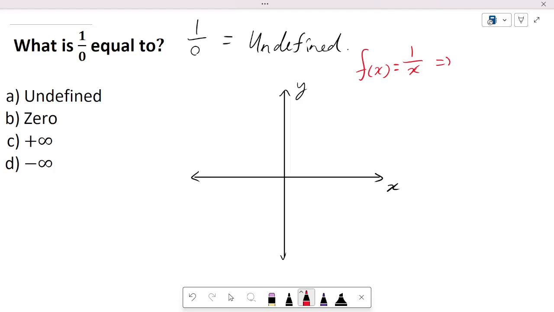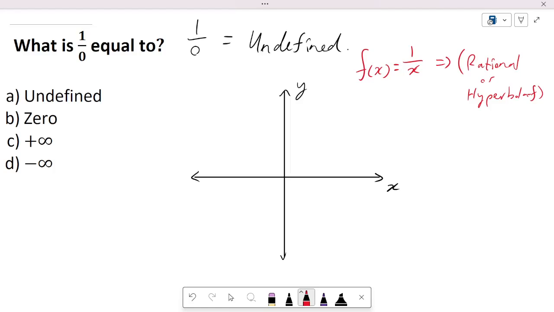And this is actually our rational function, or our hyperbola function. Okay, now what I've done over here was I let 0 equal x, so that I can look at the hyperbola and look in more detail at why it can't be equal to 0, or why 1 over 0 is undefined.